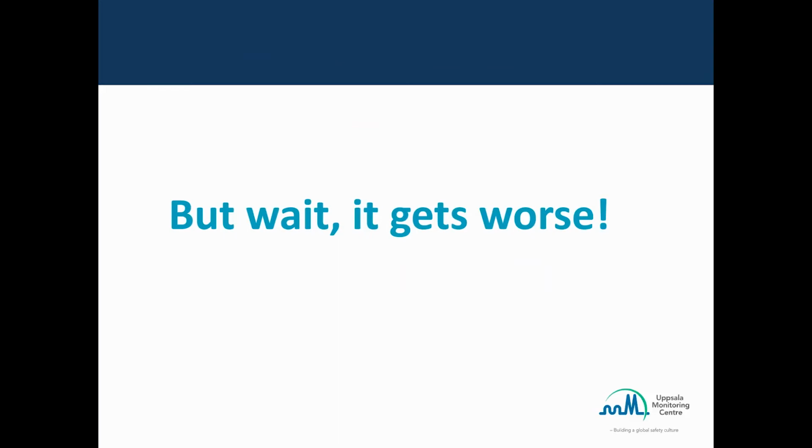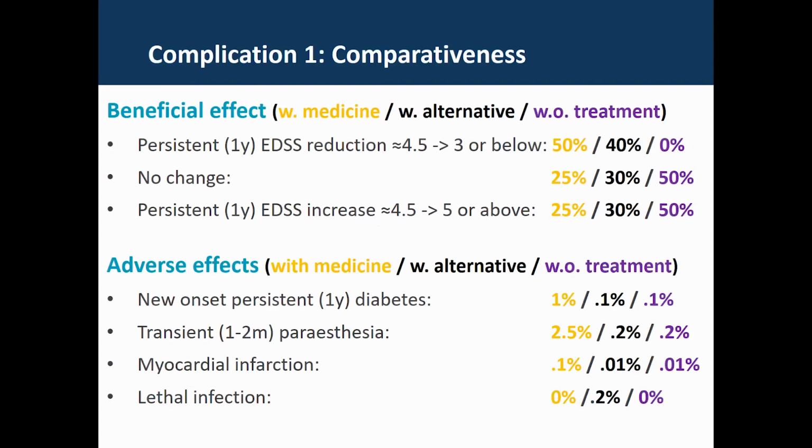And just to further try to get that complexity message across, I will point out 2 specific complications that were not in that first slide, but that are nearly always present in real life. The first one is comparativeness. It is very rare that there are no alternative treatments available.